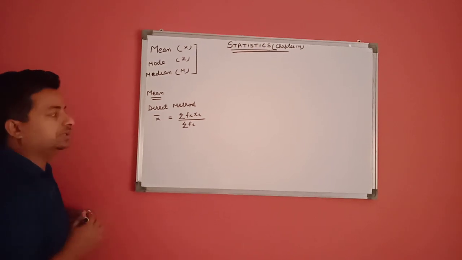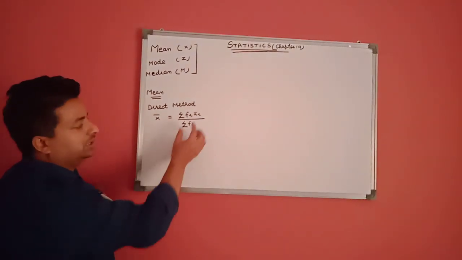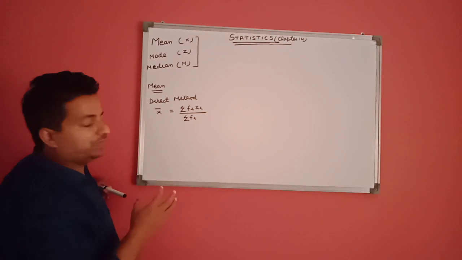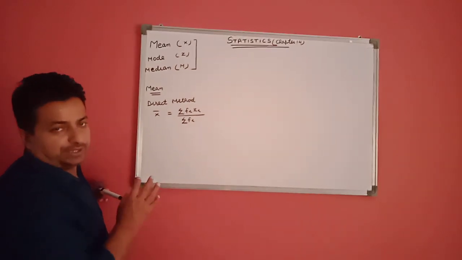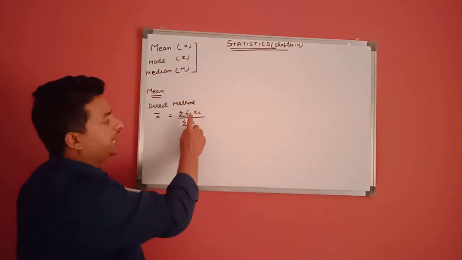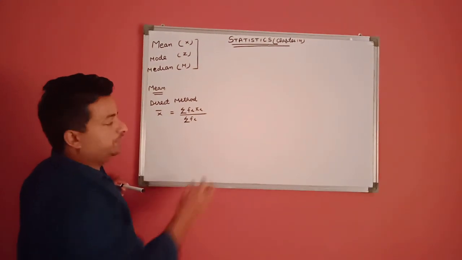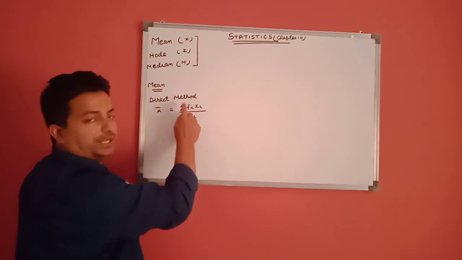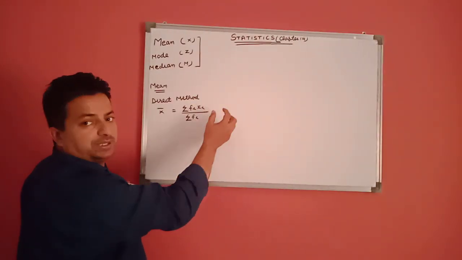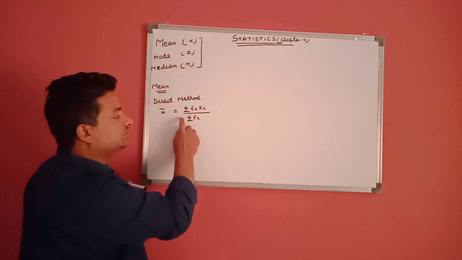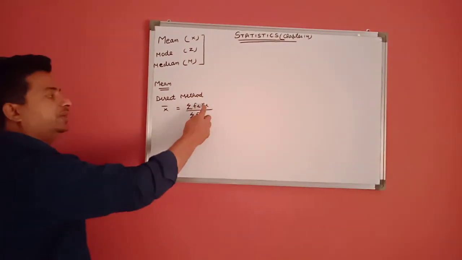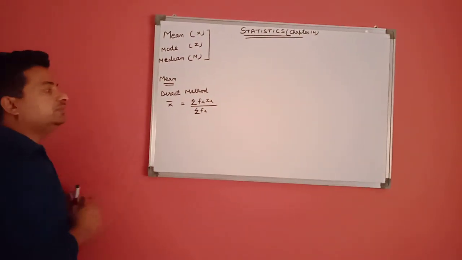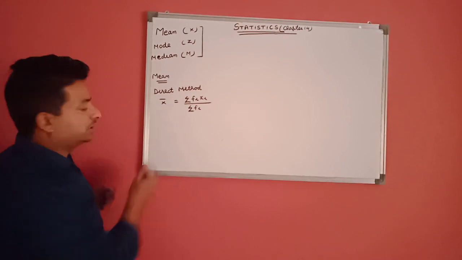In this question we are given two tables, one of xi and the other of fi. First we multiply fi into xi, then sum up all the terms, that's summation fi xi, and sum up the table of fi, that's summation fi. When we divide these two we get the mean. This is the direct method.